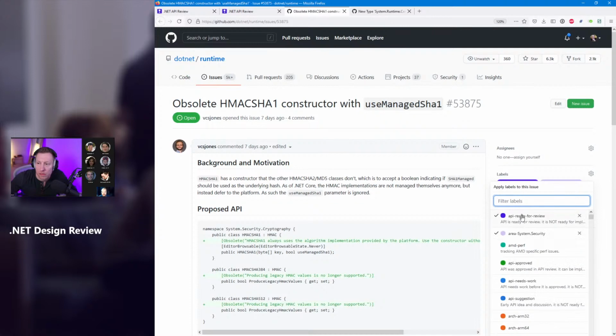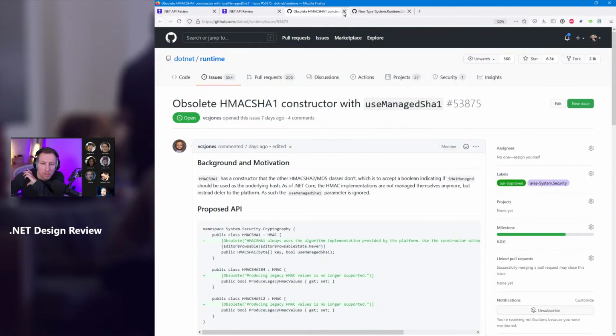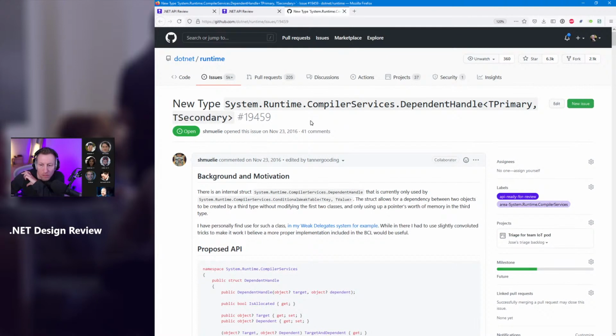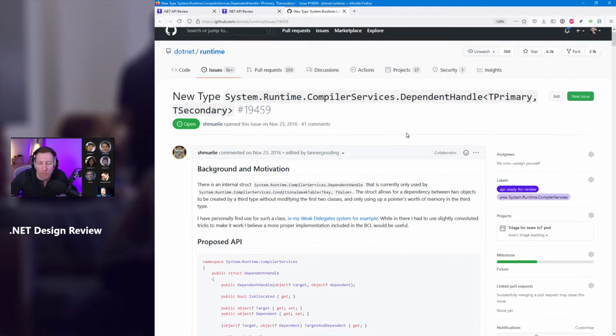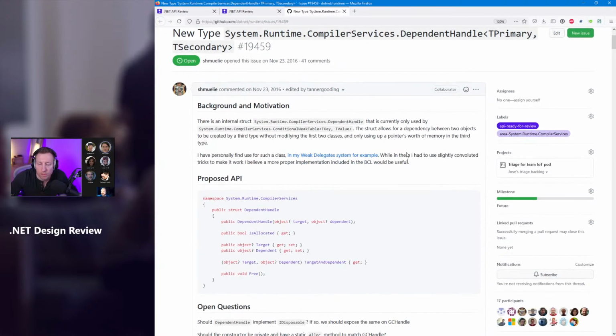Boom. I like when me typing is the limiting factor. All right, so for this one, this was originally a different proposal, and Jan eventually said that he thinks we're doing a disservice by not just exposing dependent handle directly. So dependent handle is an internal type that basically means that if one type is being tracked, then the GC should correspondingly track another type.